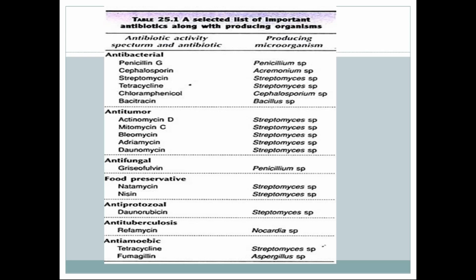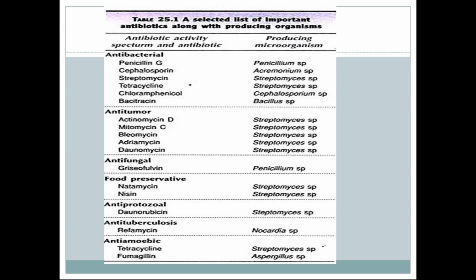Now from this, streptomycin is most important, which is produced by Streptomyces species, and tetracycline also. Anti-tumor: actinomycin D, Streptomyces; mitomycin, Streptomyces; bleomycin, Streptomyces; erythromycin, Streptomyces. Antifungal: griseofulvin is there, from Penicillium species.